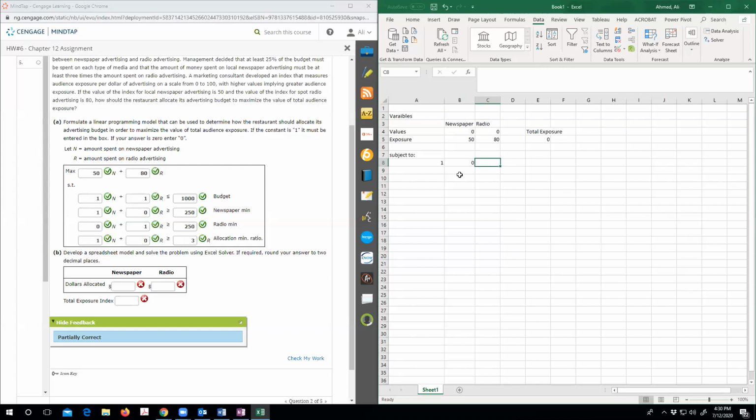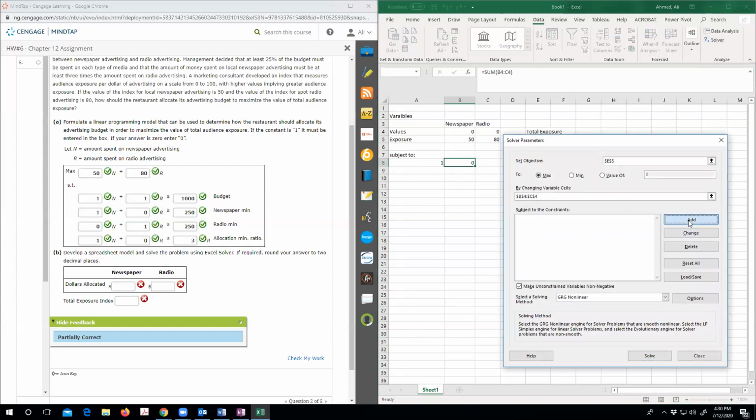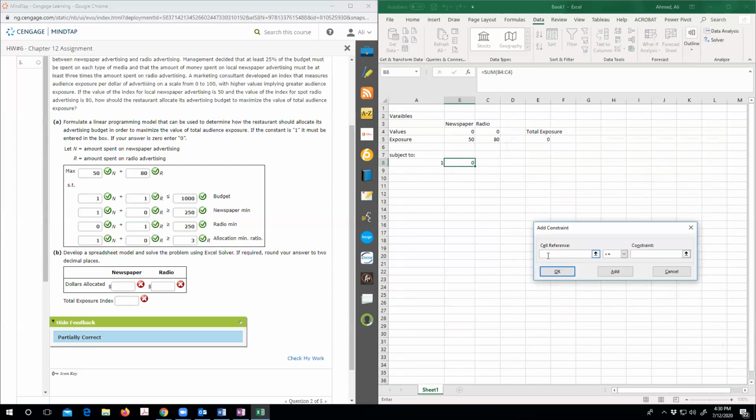We just needed this technically to put in the solver, because we cannot do a sum here. So I want to select this cell, which means I'm saying the sum of n and r, n plus r, is less than or equal to 1000.